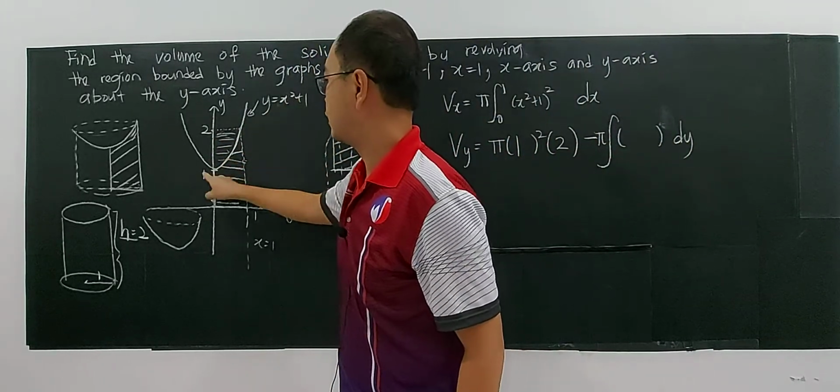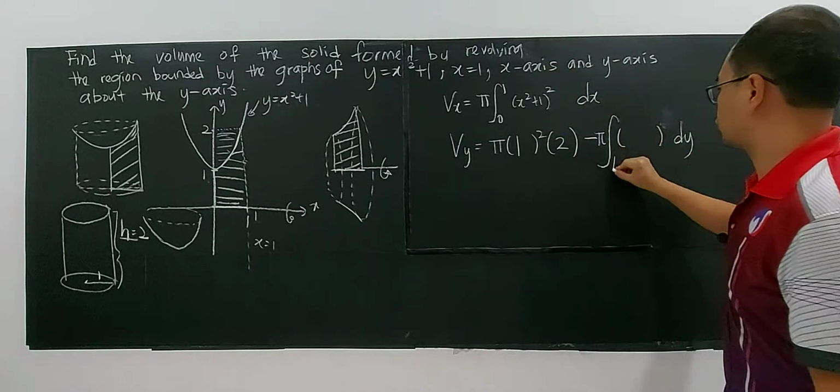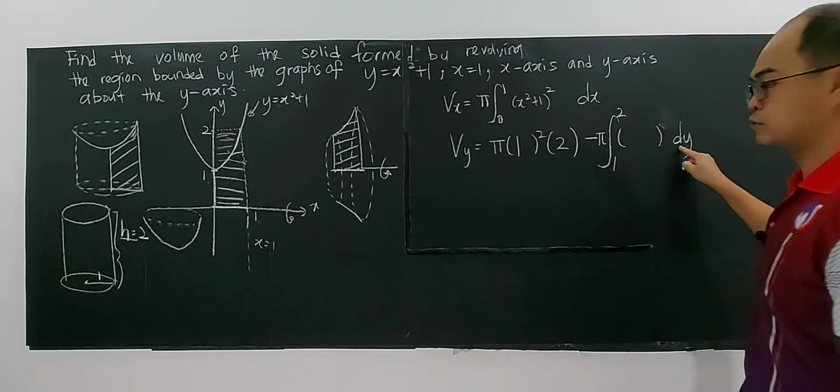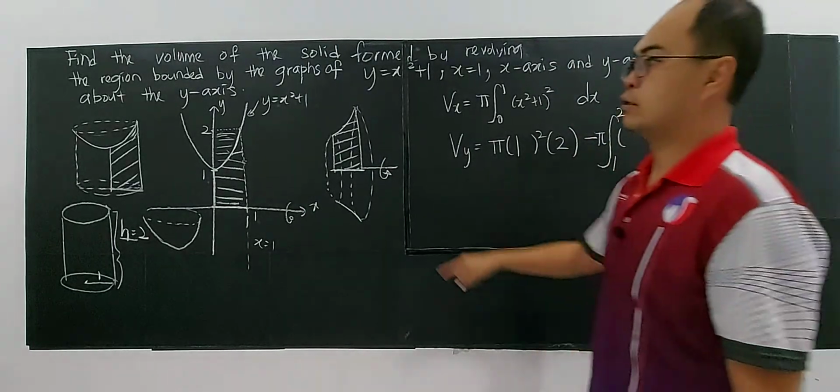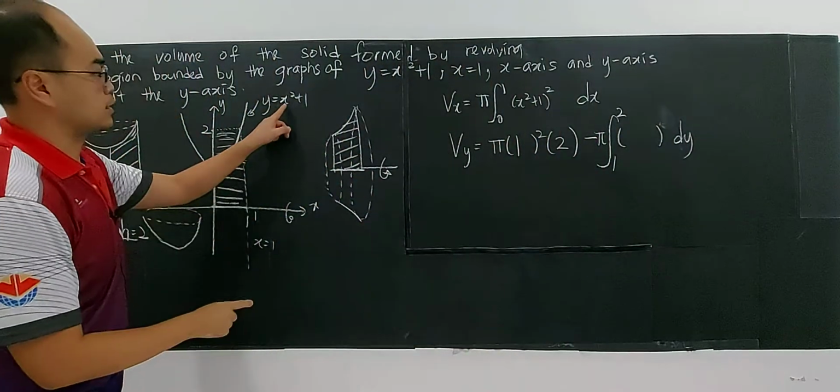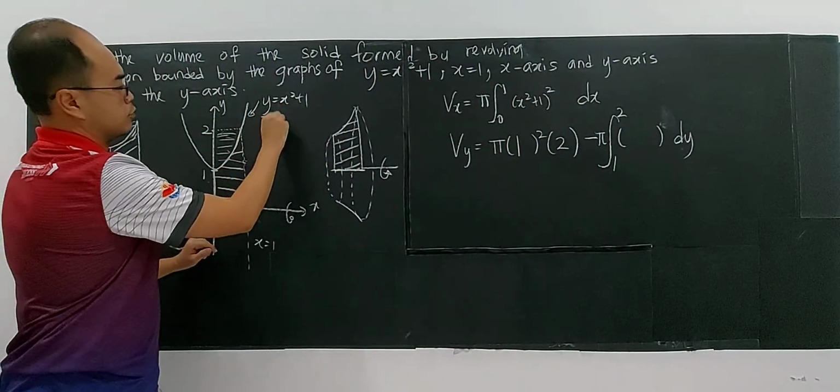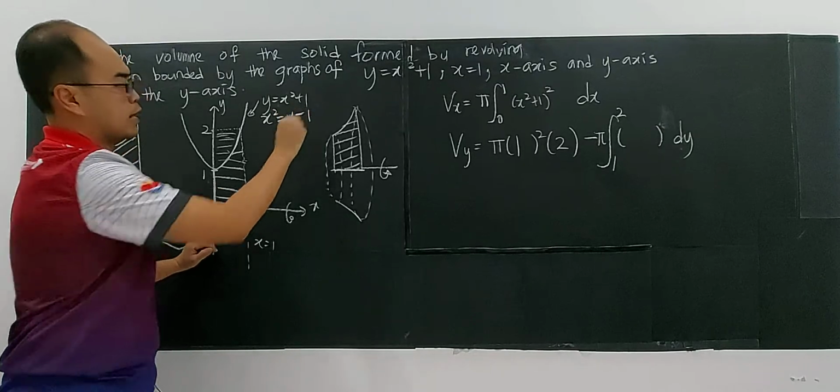As you integrate dy, you have to find x squared, so you write x squared in terms of y: y minus 1.